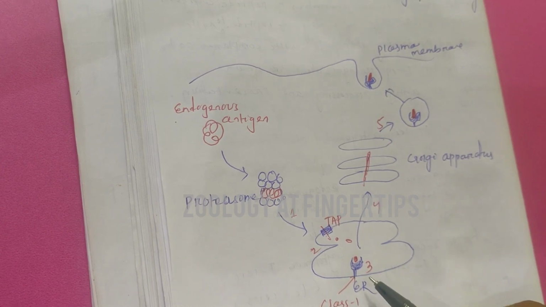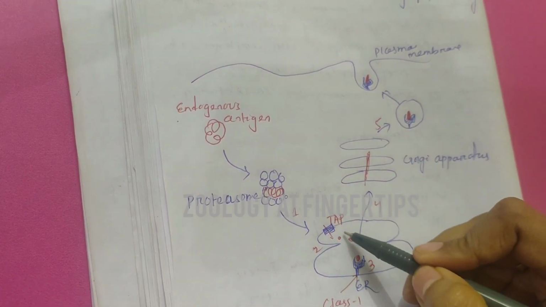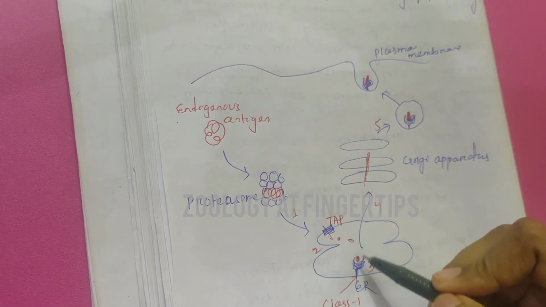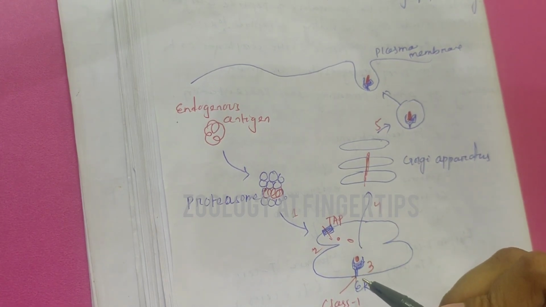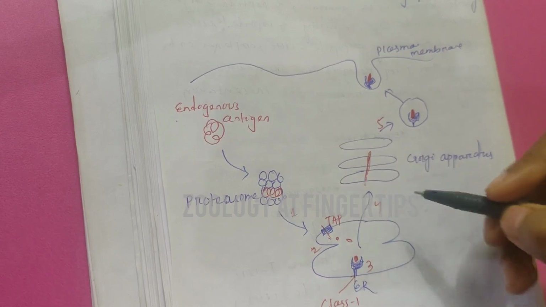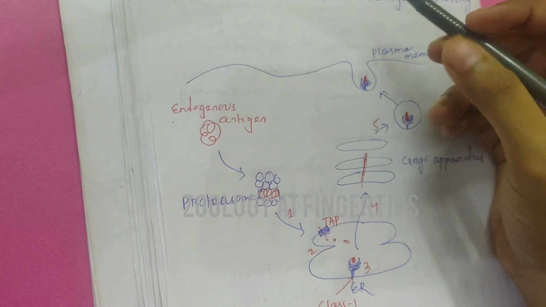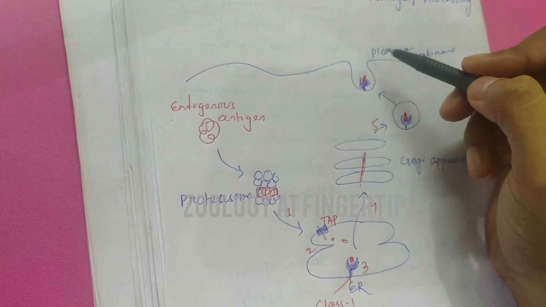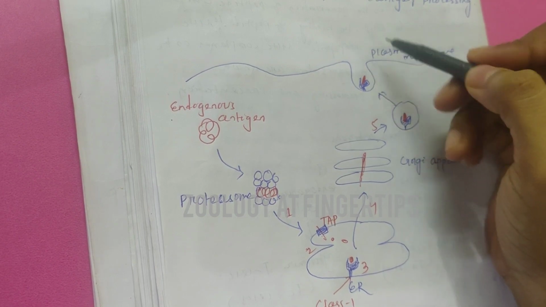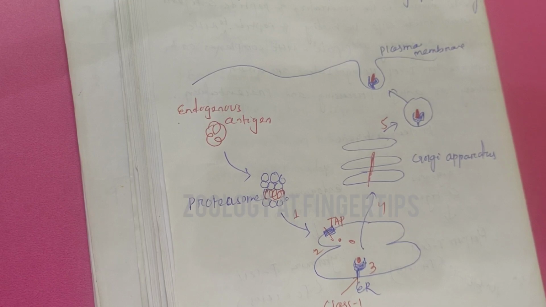The MHC class 1 molecule is formed inside the endoplasmic reticulum and is bound to the endogenous antigen by many chaperone proteins like calreticulin, calnexin, tapasin, etc. Once they bind to the MHC class 1 molecule, they enter into the Golgi apparatus, and they travel to the cell surface, are presented on the cell surface, and recognized by cytotoxic T cell. This is the entire process of endogenous antigen.